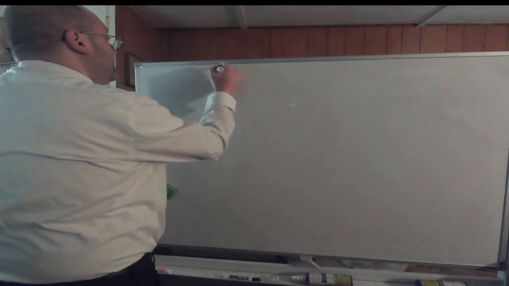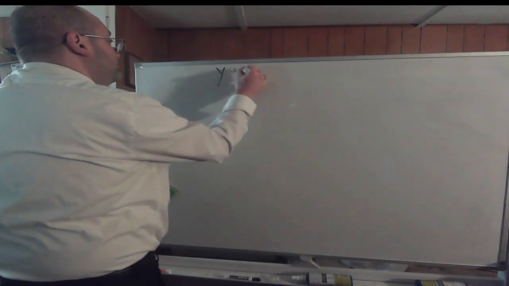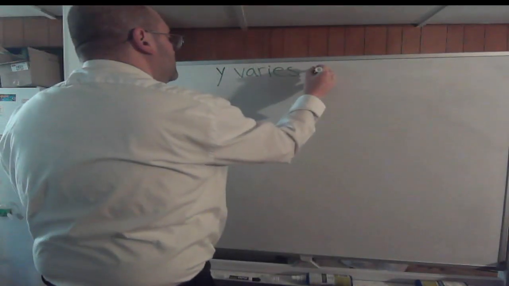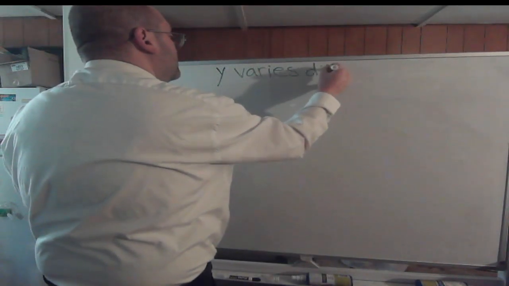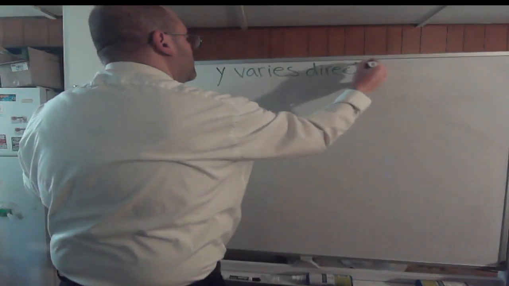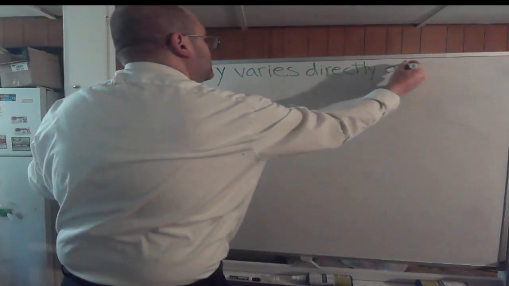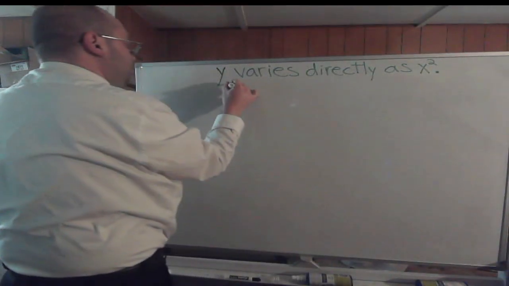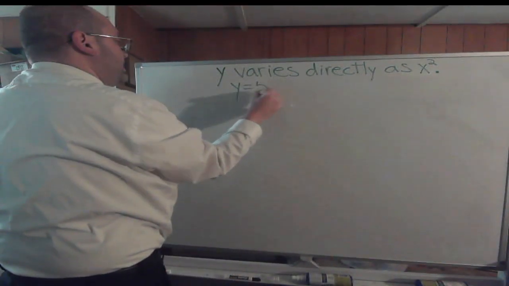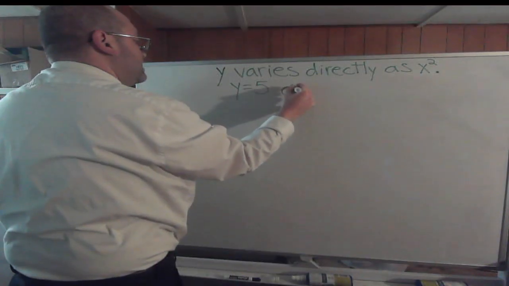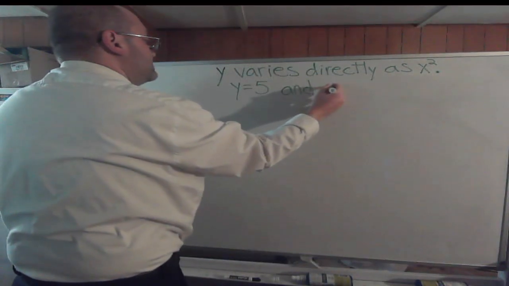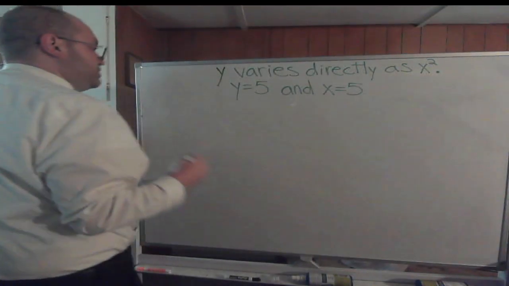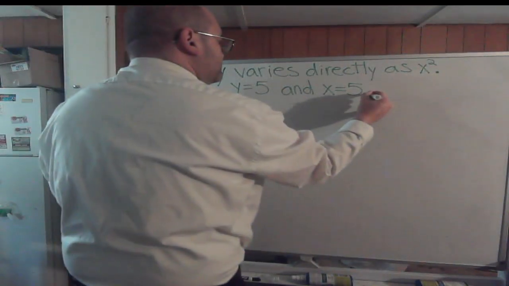We have y varies directly as x squared. They give you y equals 5 and x equals 5.